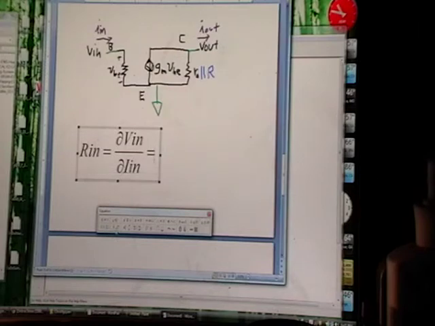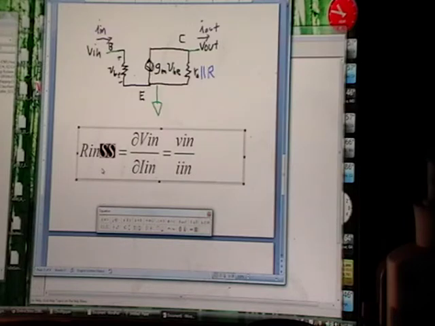Because the lowercase letters are already the moving signal, the change in the signal, this is what we want. Rn is going to be the small signal. So we need an equation, Vn over In.